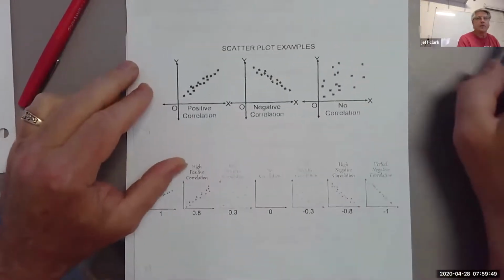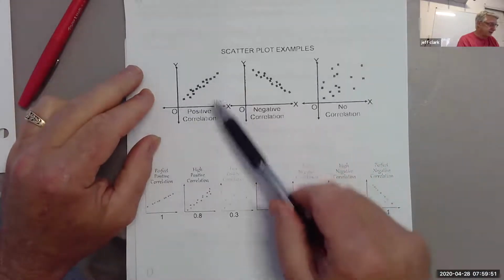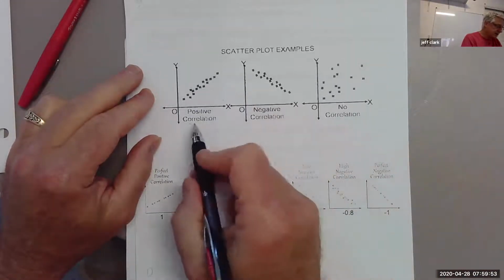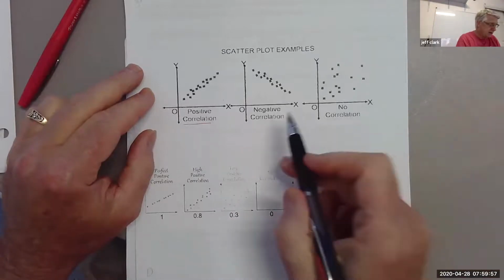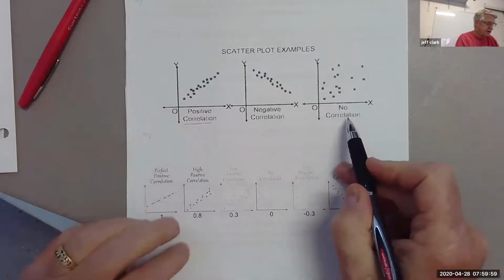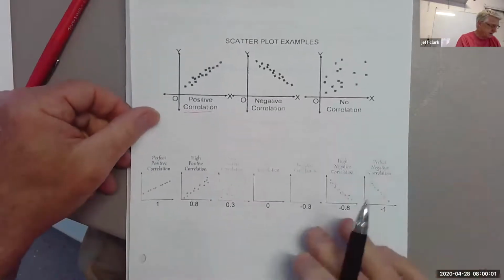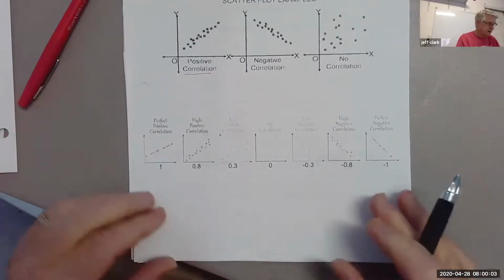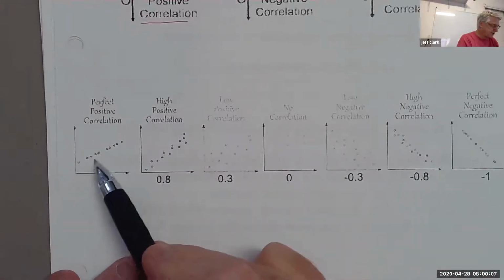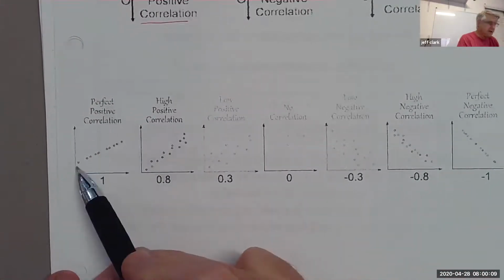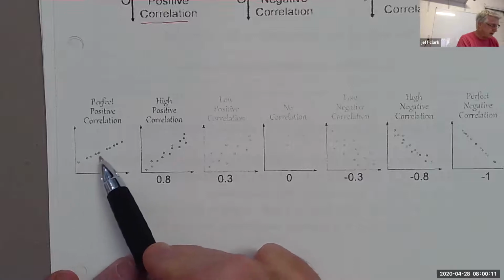Some other scatter plots, positive, and sometimes they call it correlation. So instead of relationship, sometimes we'll call it a correlation, negative, and pretty much no correlation whatsoever. Zoom in here so maybe you can see this. Very strong. They call it perfect. Perfect because every single dot lines up.